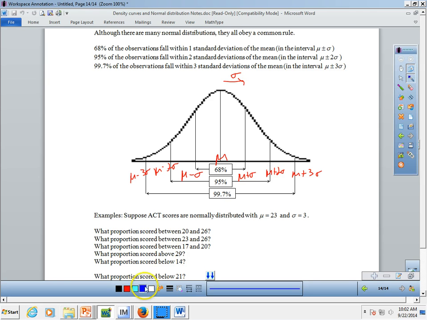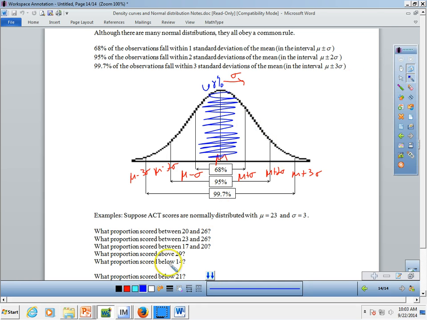Okay? So let's do some segmenting of this normal curve. So let me ask you some stuff. In this area right here, what proportion of your individuals are in the middle right there? Well, it's within the first standard deviation, and so hopefully you're saying 68%. Okay, good.